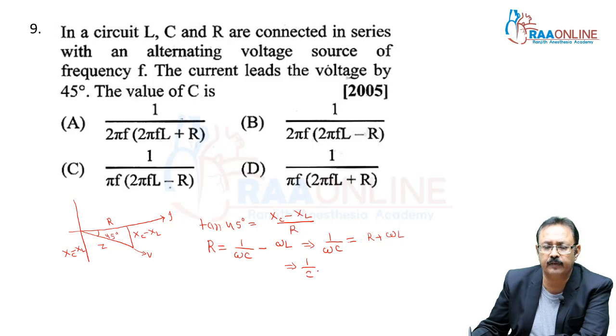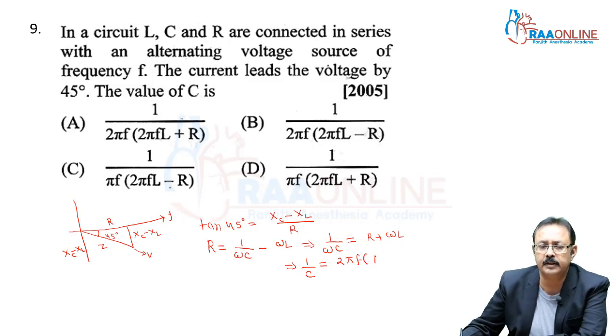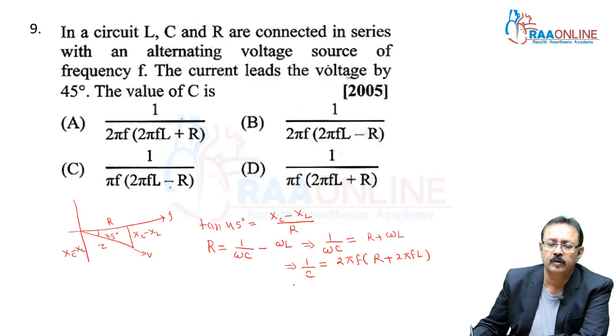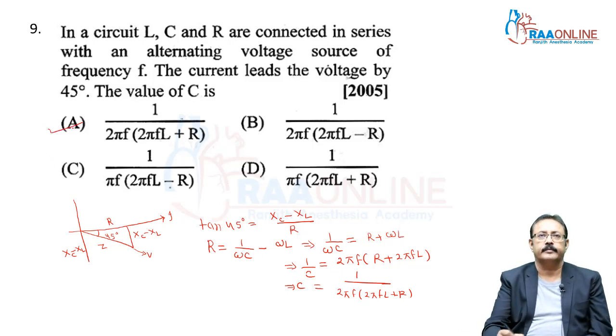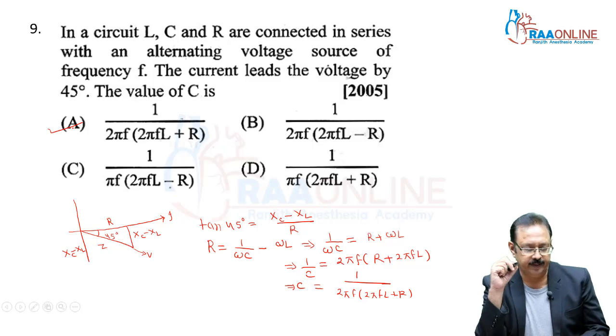So 1 upon C is equal to omega, means 2 pi F, into R plus omega L, where omega is 2 pi F. So what should be the value of C? It should be 1 upon 2 pi F into 2 pi FL plus R. So we are going with A option.